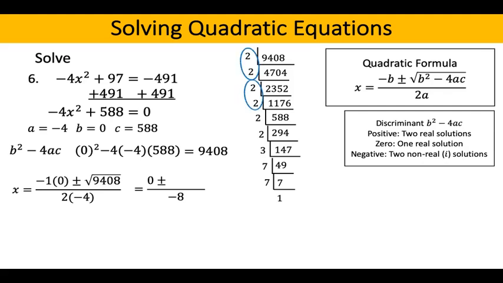We have 3 pairs of 2's and a pair of 7's. So each pair gets to come out as that value. So 2 times 2 is 4, times 2 is 8, times 7 gives us 56. Of course, the 3 did not have a pair, so it has to stay inside the radical.